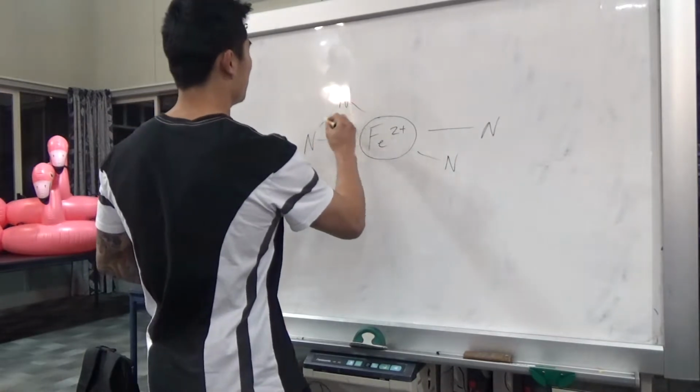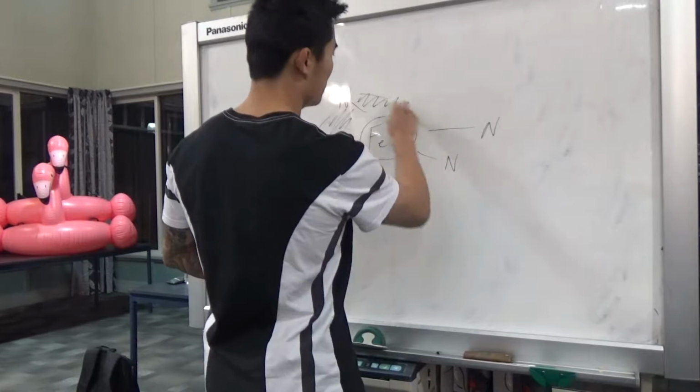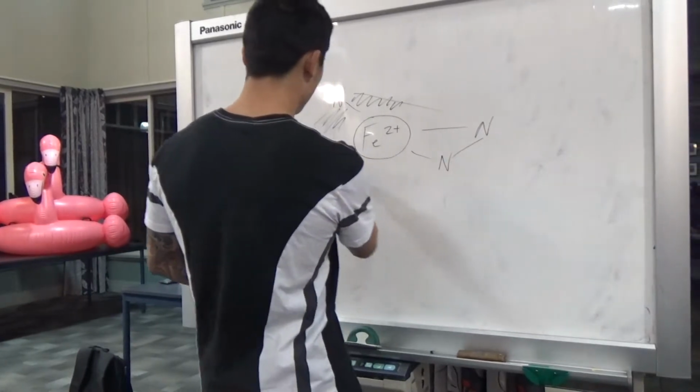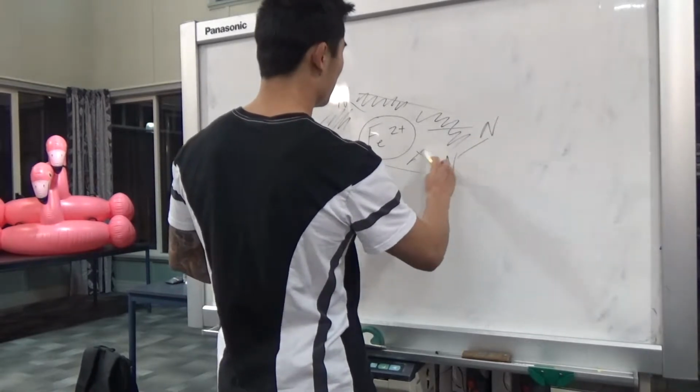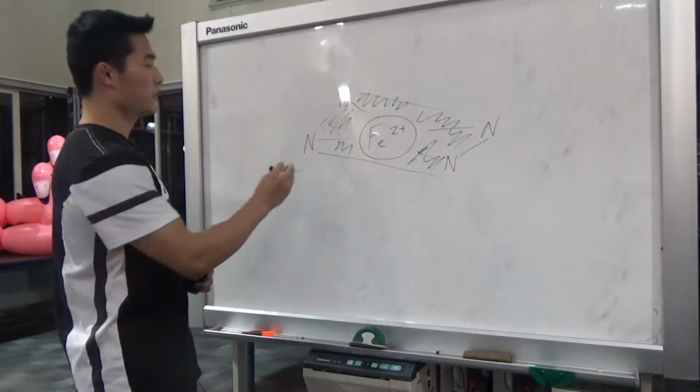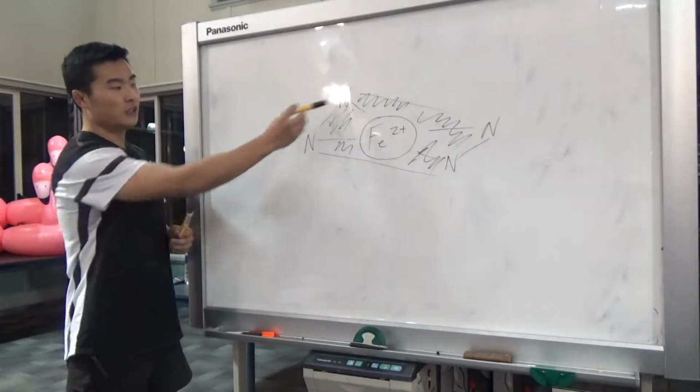Okay, so you've got the Fe2+ in the middle of the heme group.